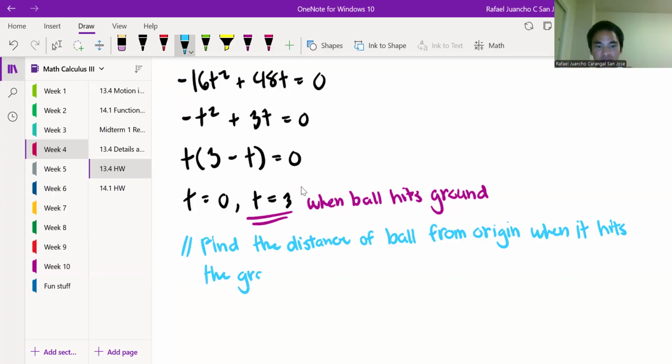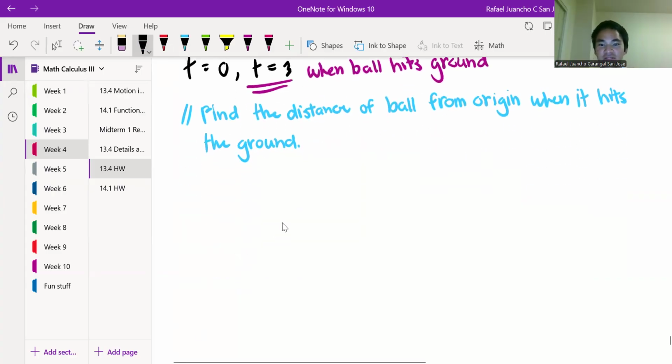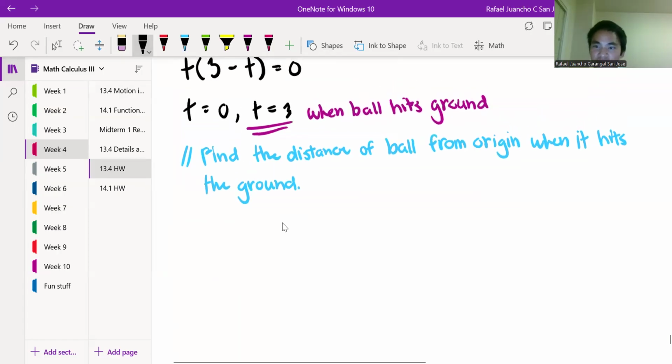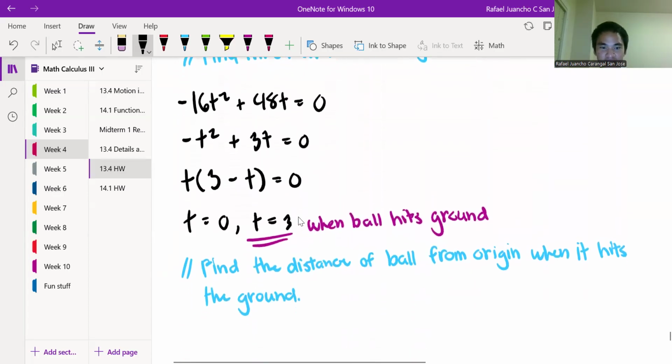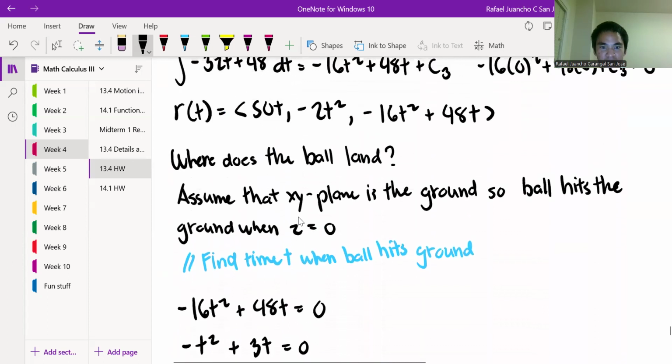That's what it's trying to find. It's not actually trying to find the coordinates, but we're going to have to do that. And then we're just going to use a distance formula. So okay, let's quickly do that actually.